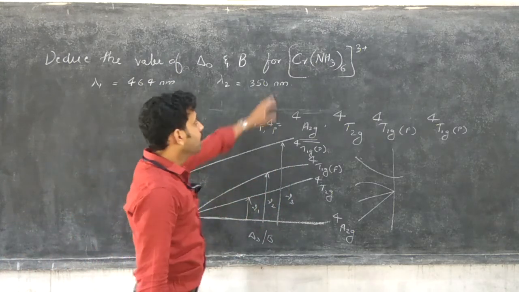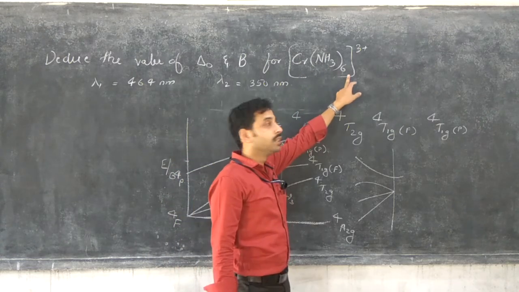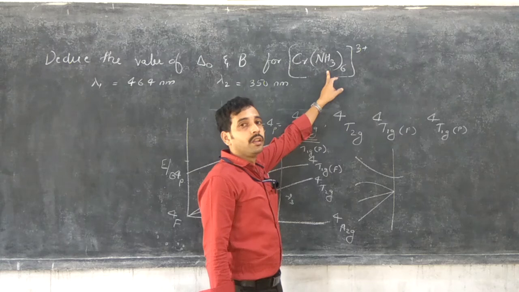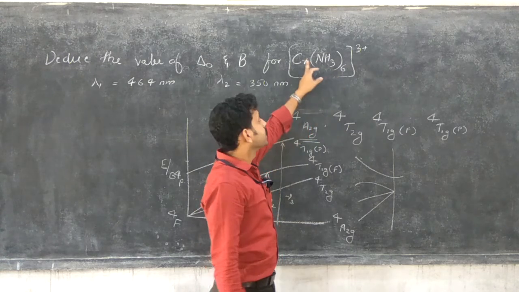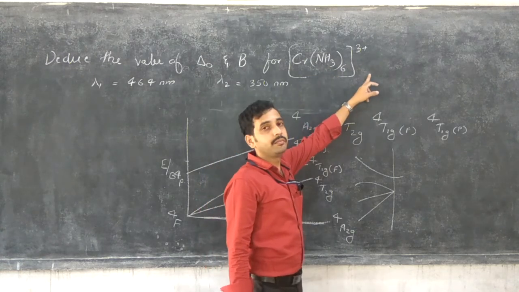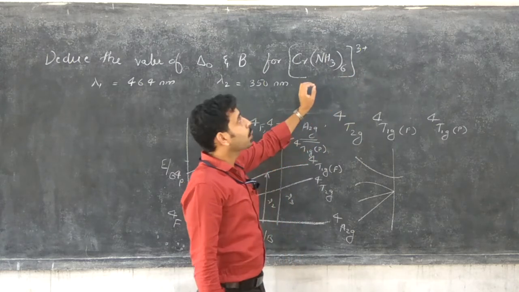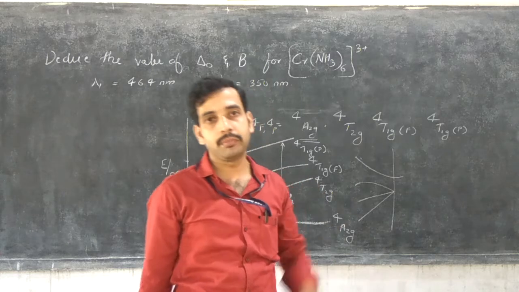So we can first observe the complex [Cr(NH3)6]. The NH3 is a strong ligand, meaning it is a low spin complex. Cr in the plus 3 state, that's why chromium plus 3 means it is a d3 system. Clear?